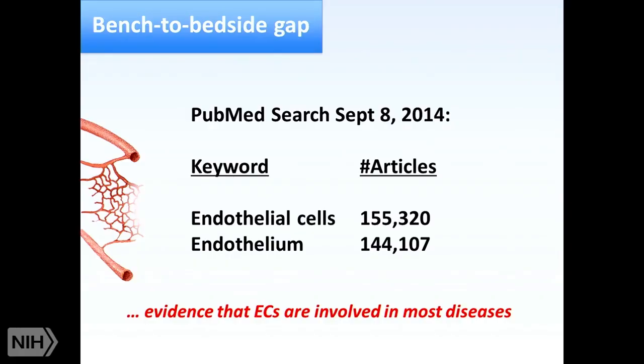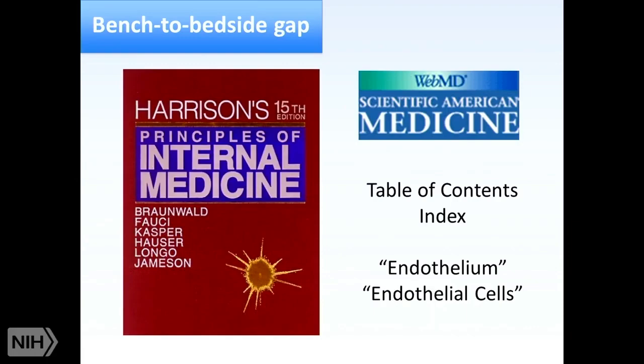This amounts to an enormous expenditure of resources, not to mention sweat and toil on the part of largely basic scientists, but to some extent translational researchers. Collectively, the data provide compelling evidence that endothelial cells are involved in most, if not all, human diseases, either as a primary determinant of pathophysiology or as a victim of collateral damage.